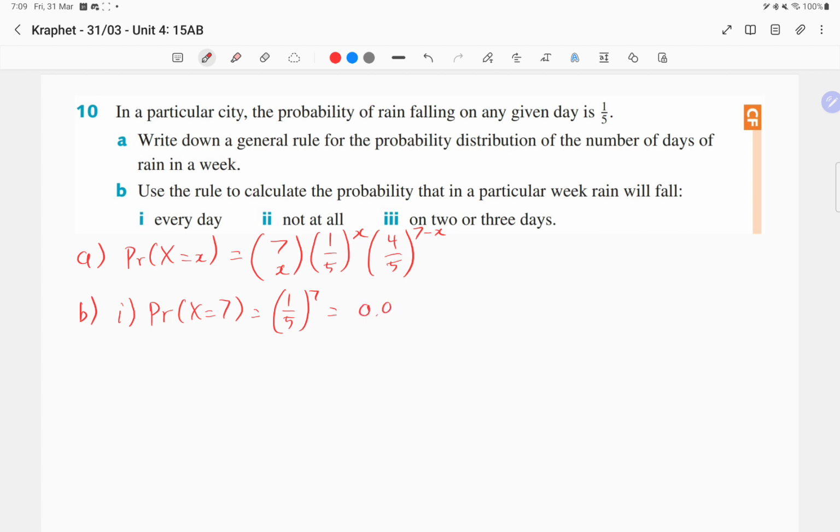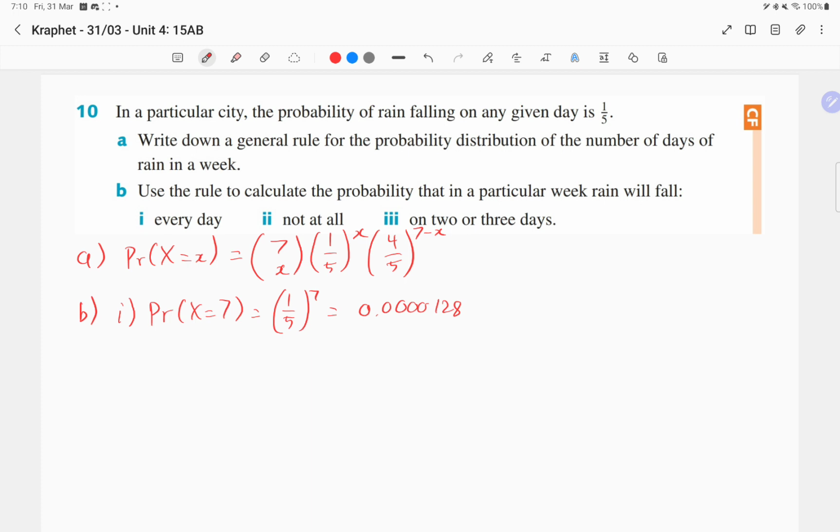Yeah, you get that? Okay, good. So yeah, when you're doing probability, if the decimal place looks like a weird number like 0.0000, go to 3 significant figures.